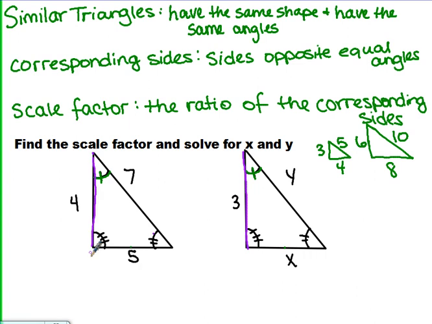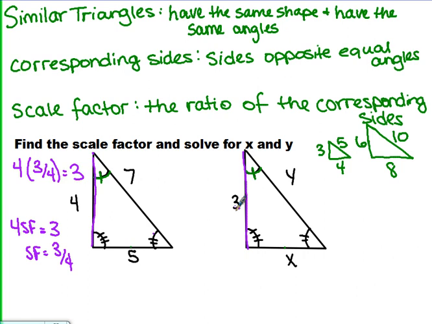So the scale factor when going from the bigger triangle to the smaller, we have 4 to 3, which means the scale factor is going to be 3/4. We divided by 4. That's how we got our scale factor. So to go from one triangle to the other, we're going to multiply each side by 3/4. If I do 4 times 3/4, it's equal to 3, which is what its corresponding side is.